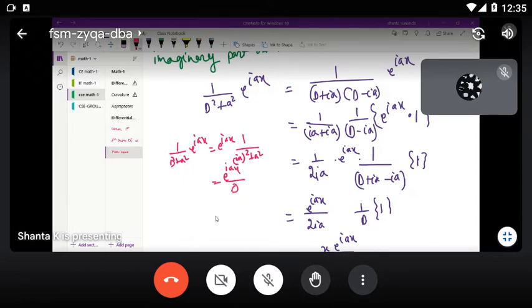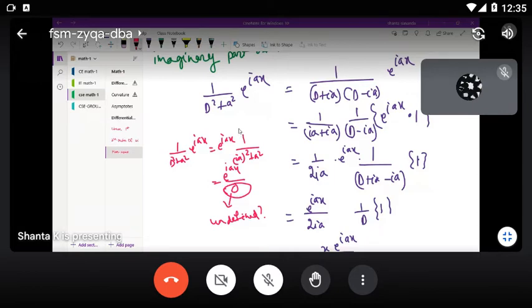Undefined form we are getting. Just to avoid that, we are proceeding in this manner. Got it?